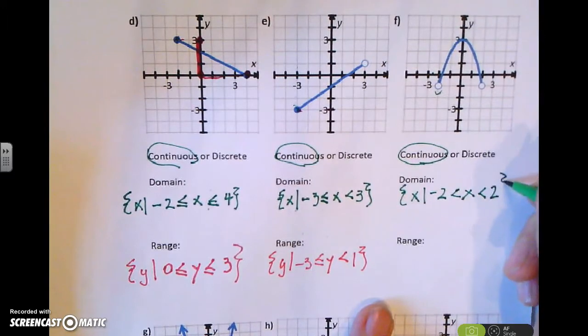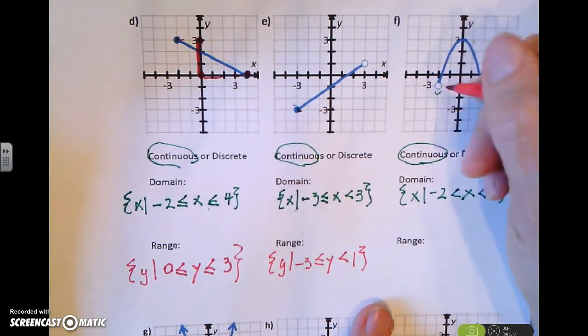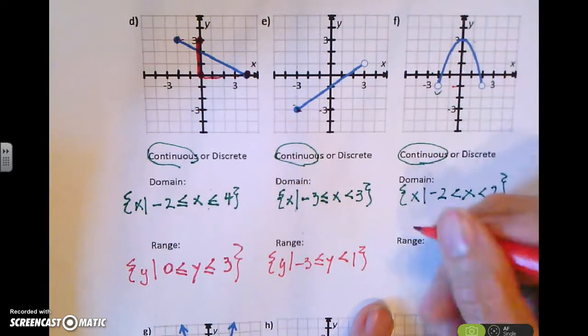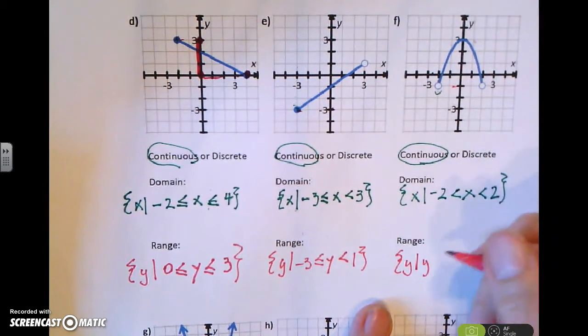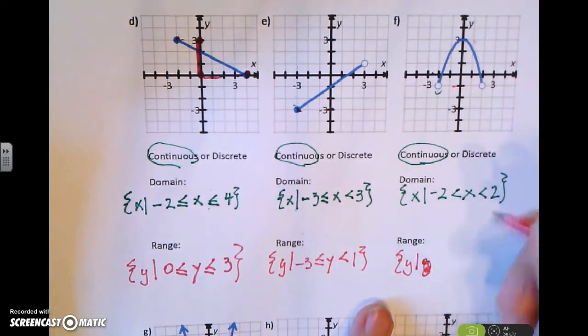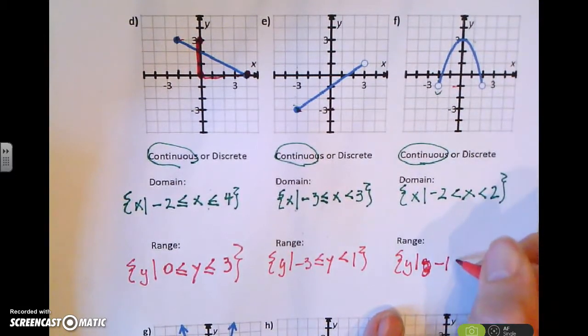And then for the range, the lowest one, or both of these are the outputs. I'm going to have my lowest y that's plotted, it's going to be -1.